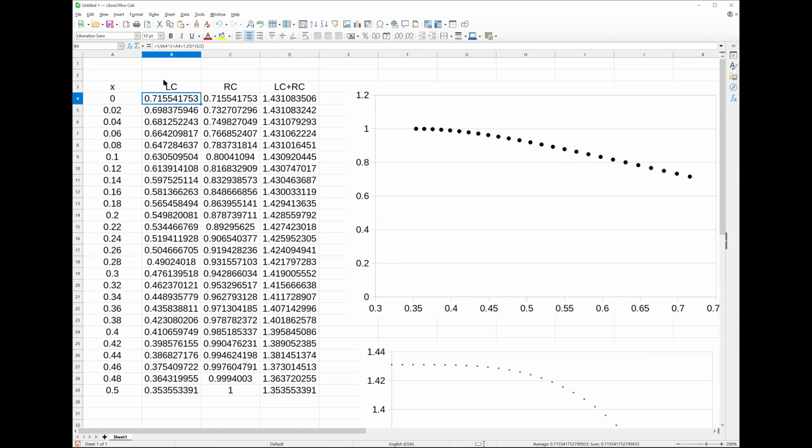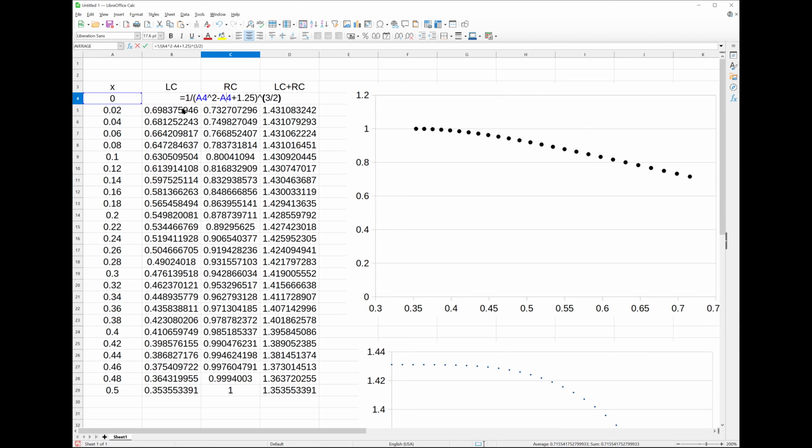And then if I double click on this, you can kind of see the formula. It's 1 divided by, in parentheses, x squared plus x plus 1.25 for the left-hand coil.